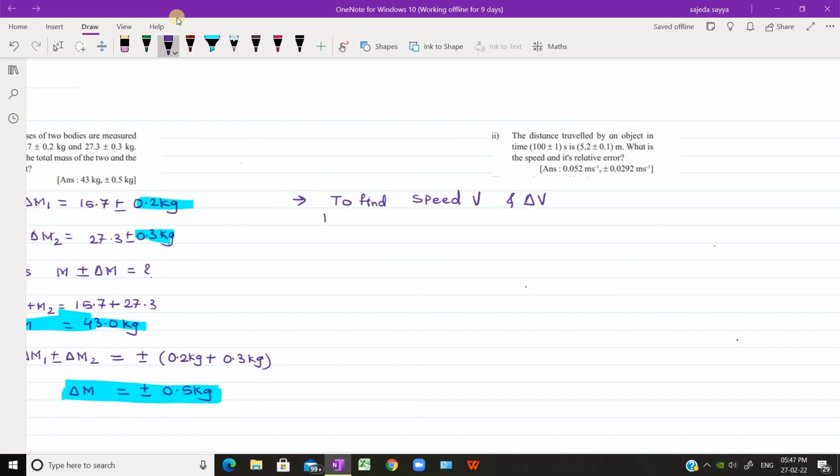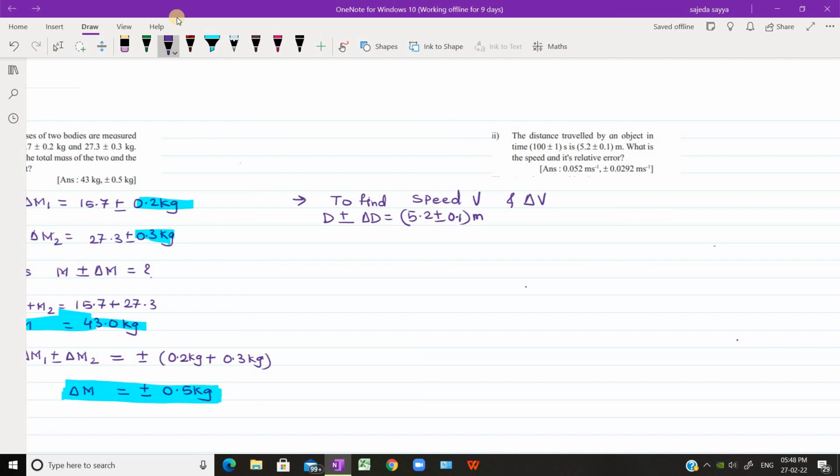Let us assume distance as d plus or minus error in its measurement is delta d, which is 5.2 plus or minus 0.1, which is given in SI unit, that is in terms of meter.